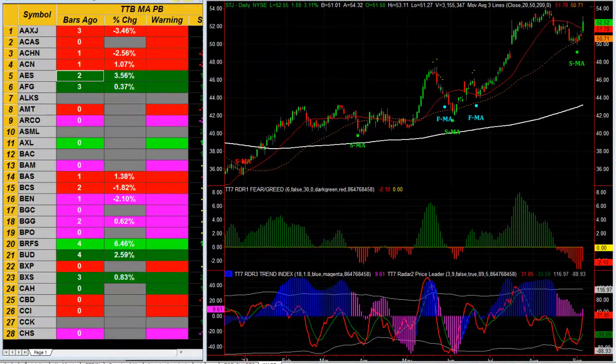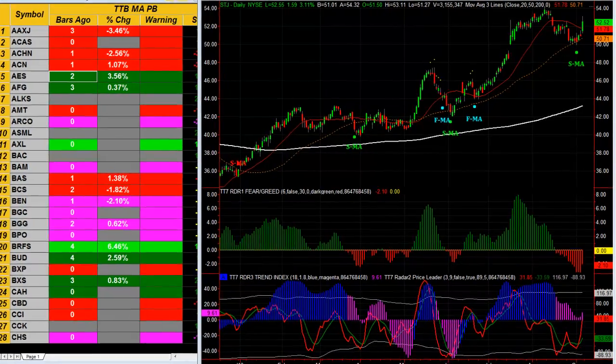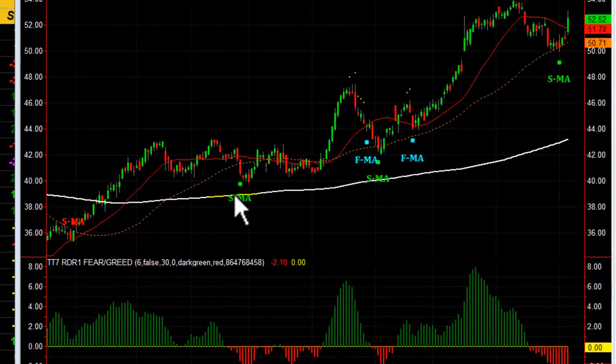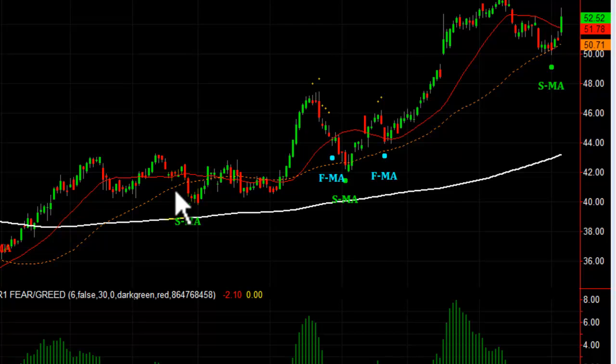So our client, who shall remain nameless, wanted a tool that would identify the first pullbacks after a trend is confirmed by moving averages. And so we designed this tool to identify a pullback to the slow moving average as well as to the fast moving average.